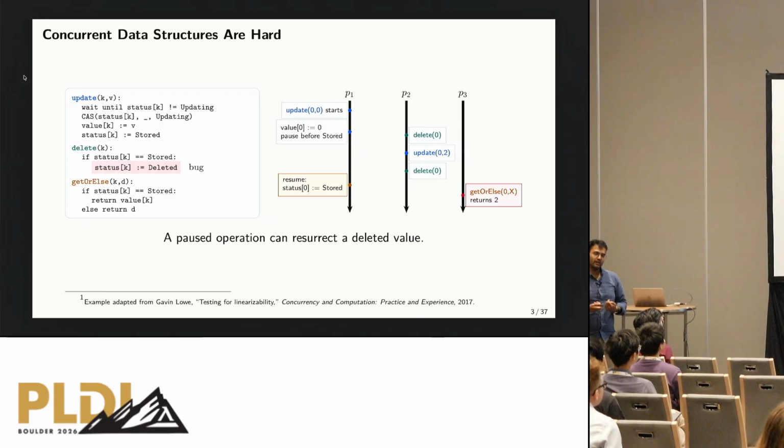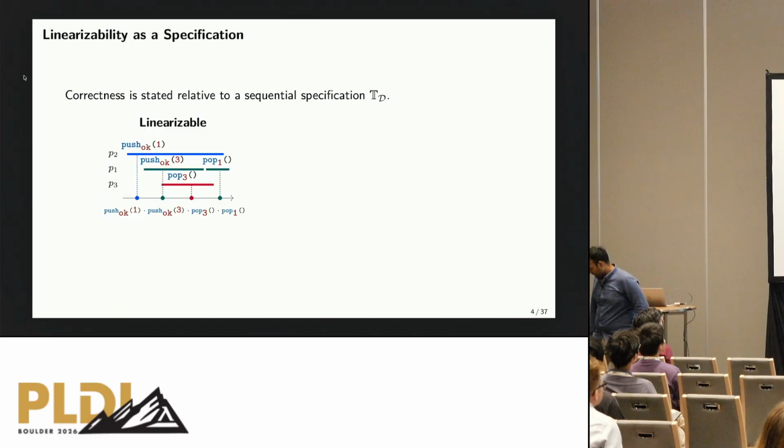Okay, and as such, this is yet another concurrency error, but when it comes to data structures, one can actually specify a very nice property, and that's what linearizability is. So linearizability is a way to specify correctness of data structures which are implemented in a concurrent manner.